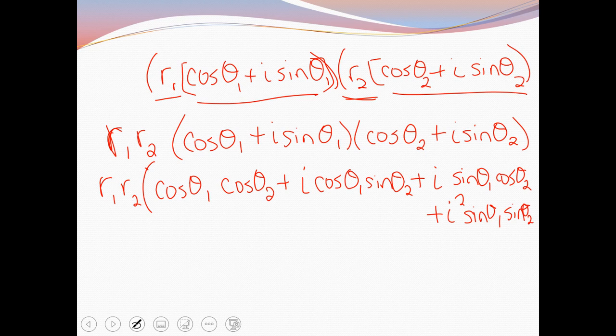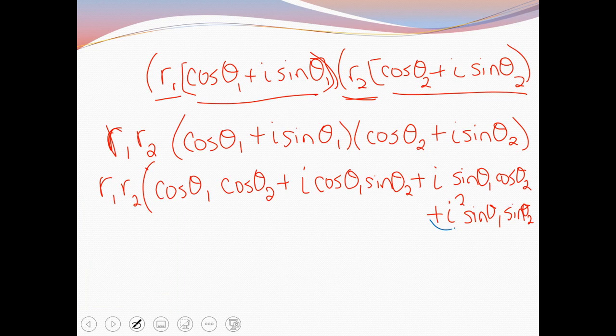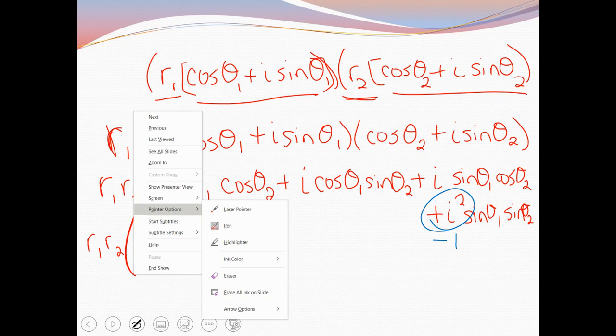Hopefully all of you remember that I squared turns into -1, so that becomes -1. And I'm going to group these by I terms and non-I terms. Hopefully I have enough room on this slide. We have R1, R2, and then when we group these things together.